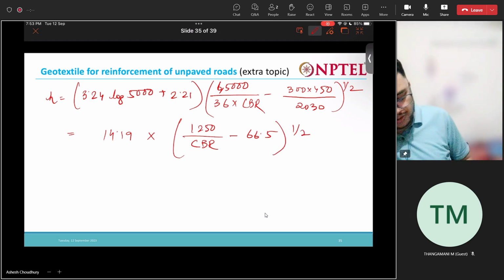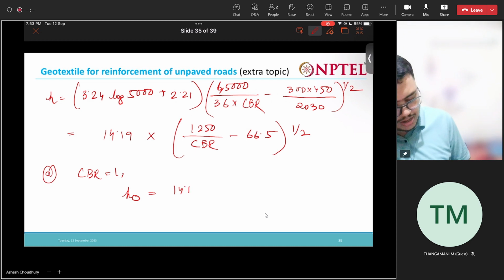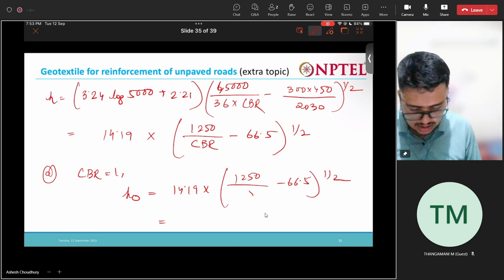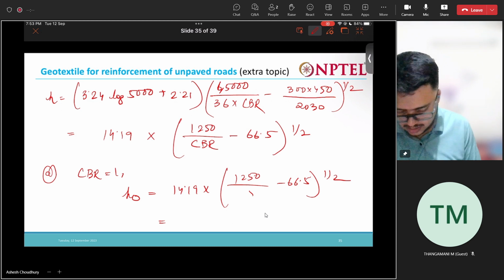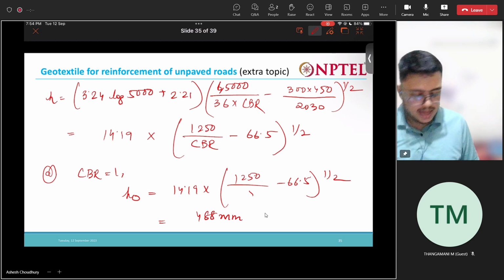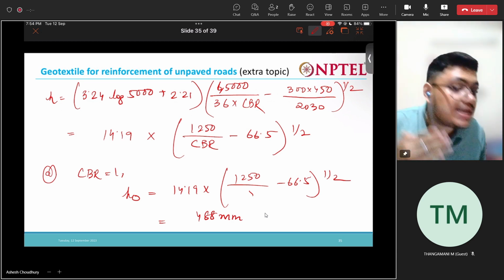Now for the unreinforced case, our CBR is 1, so H naught we will get 14.19 into 1250 by 1 minus 66.5 by 2. Let's calculate this. This is 488 mm. Now we need to calculate for the reinforced case.